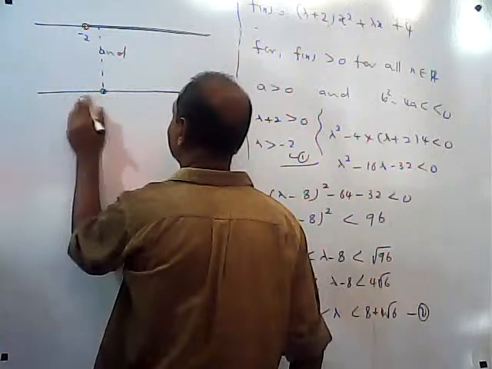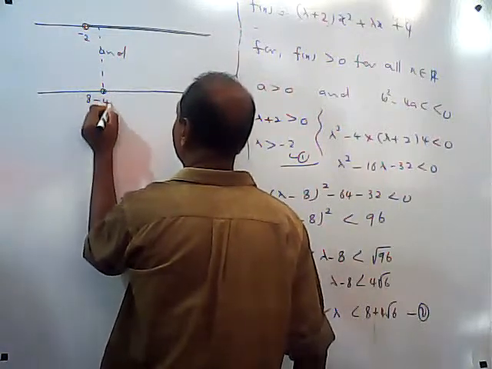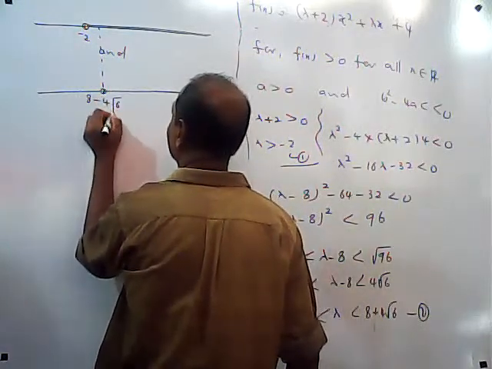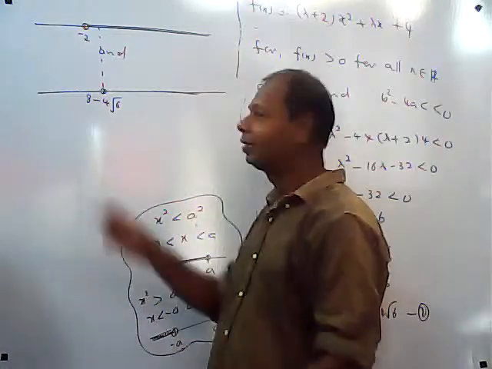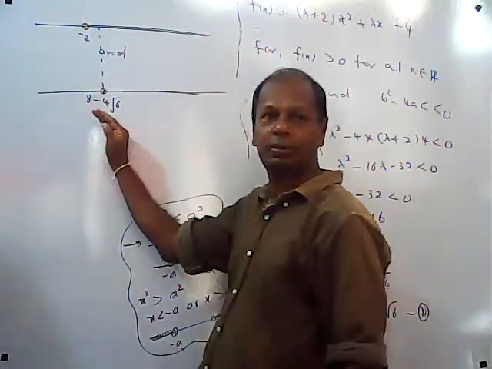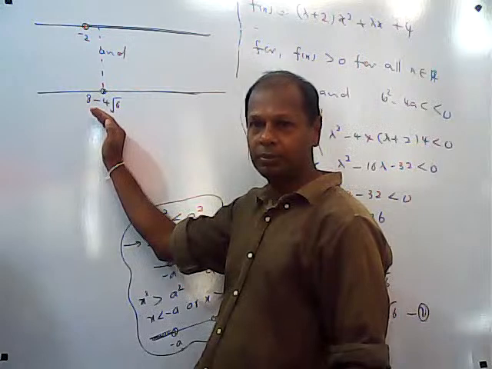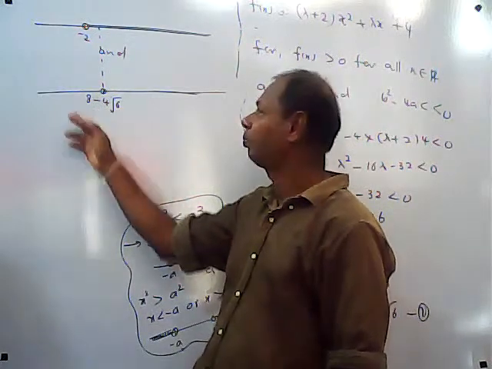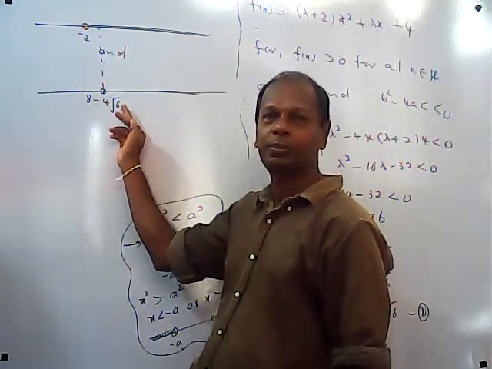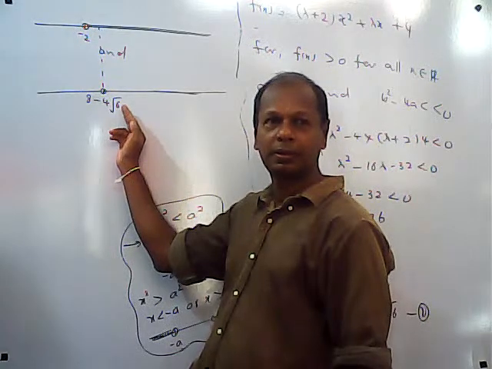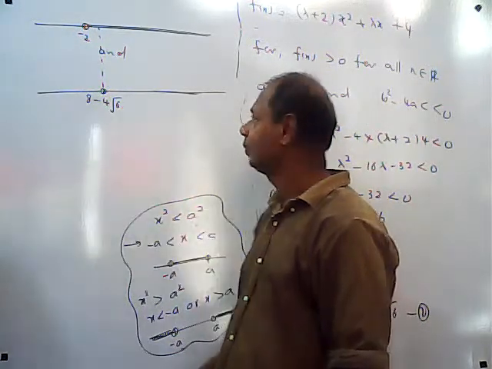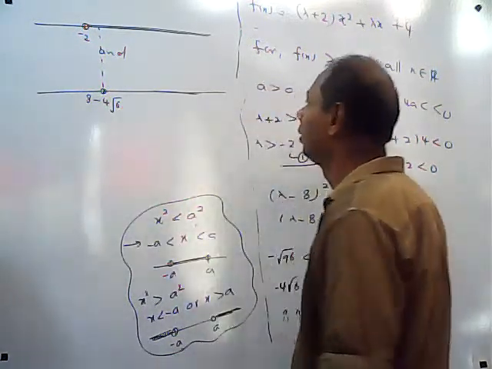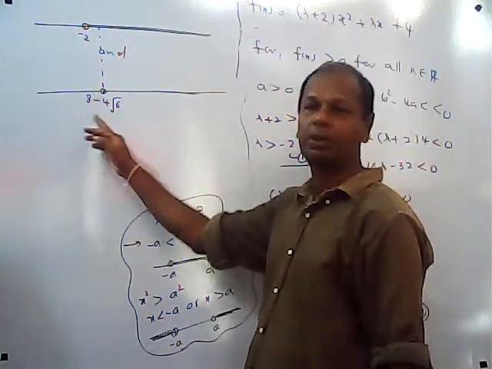8 minus 4 root 6, this is just below minus 2. You understood, right? It's around 1.8 to 1.9, we take something like that.